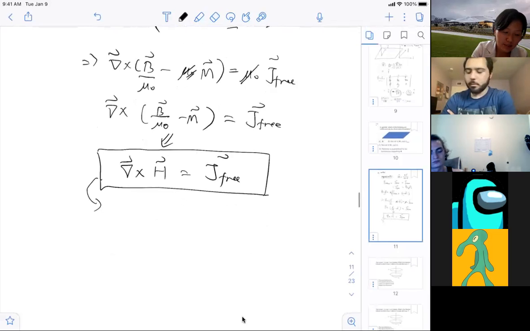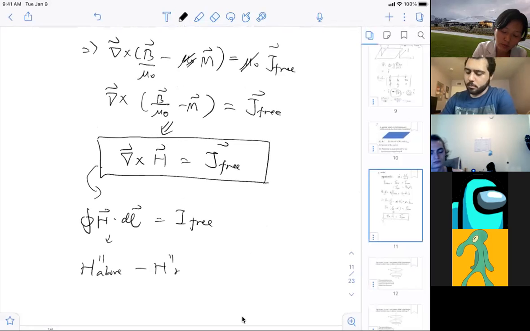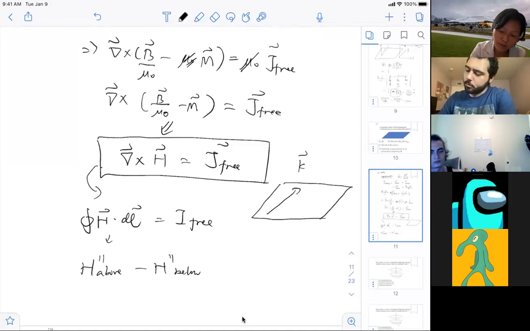Okay, so for this, again, you will have H dot dl is current free. So this will give H parallel above minus H parallel below. And the direction is not that obvious to see. So I need to draw a little picture to show my current.